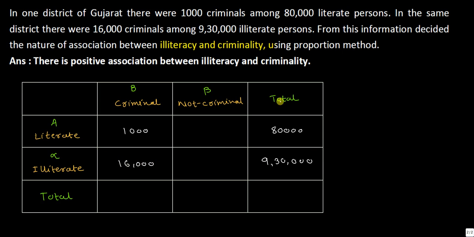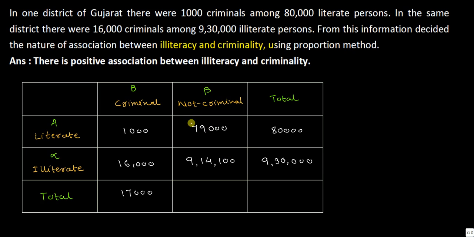Okay, now find out the remaining values. First of all, here we have to put 17,000. 80,000 minus 1,000 equals 79,000. 9,30,000 minus 16,000 is equal to 9,14,000.